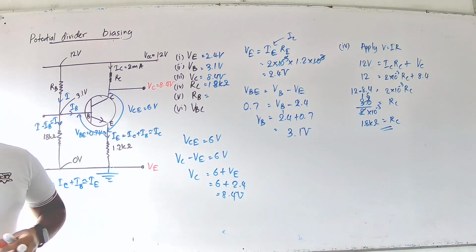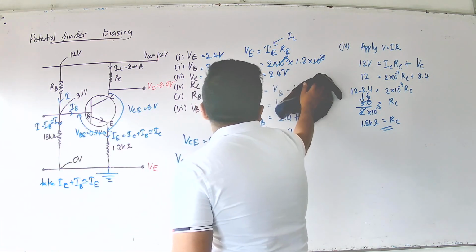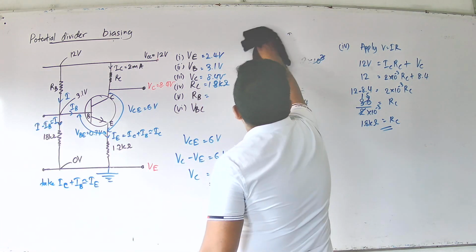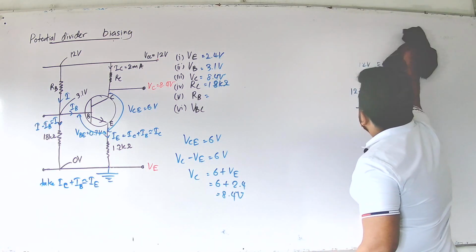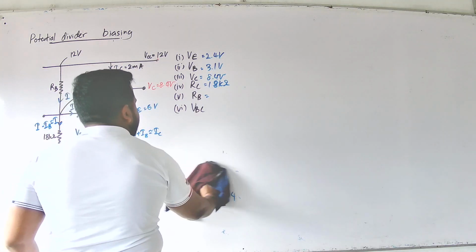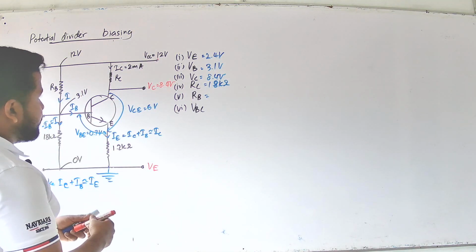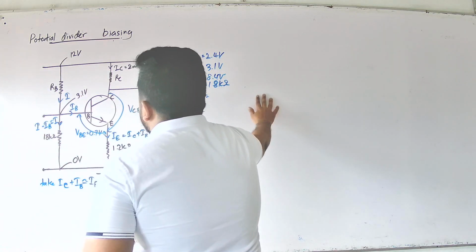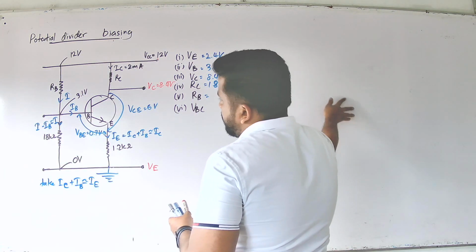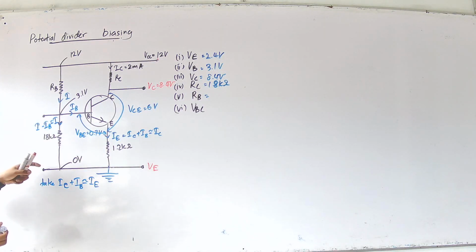So what is the value of the RB? First of all we have to find out what is the I. So how can we find the I? Considering this one, we have to apply V equals IR. Let me tell you.